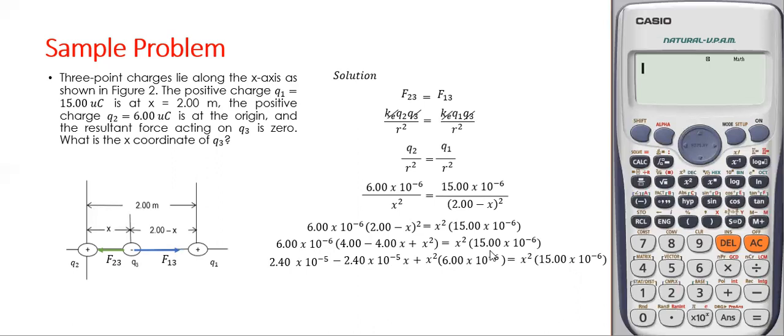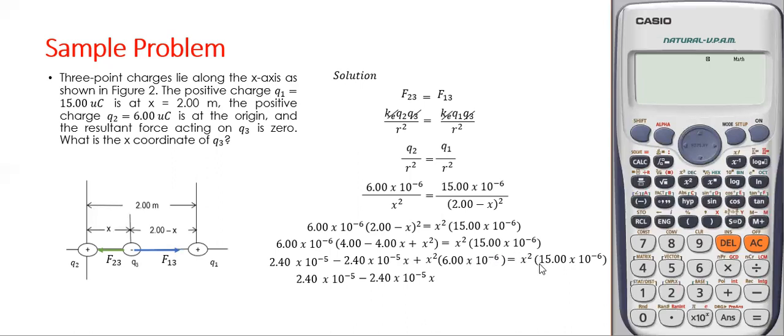So, ang sunod nating step is to collect similar terms. So, in this case, meron lang tayong isang constant, yung 2.40 times 10 raised to negative 5. And then, we have negative 2.40 times 10 raised to negative 5x. So, ang next natin, itong 15 times 10 raised to negative 6 x squared ay itatranspose natin from right going to left at i-change natin yung sign niya from positive to negative.